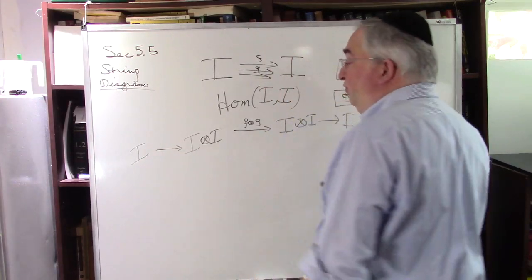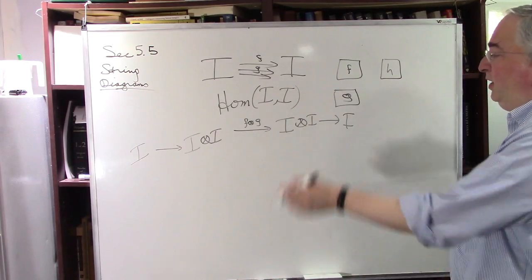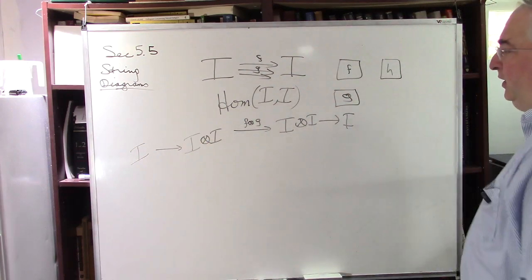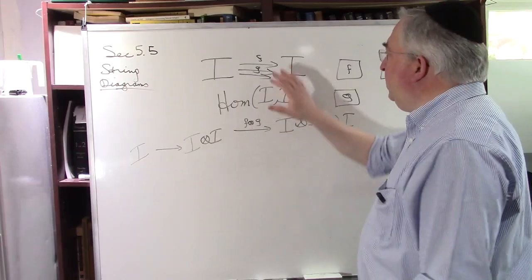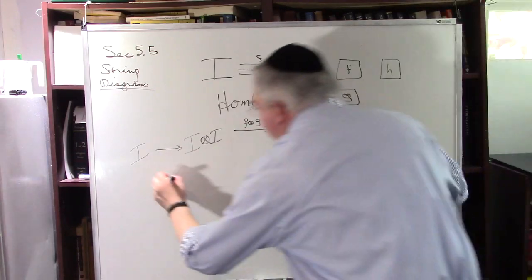Again, in that proof that this monoid is commutative, you have to talk about this. So this is a morphism from I to I. So even F tensor G can also be looked at as a morphism from I to I.